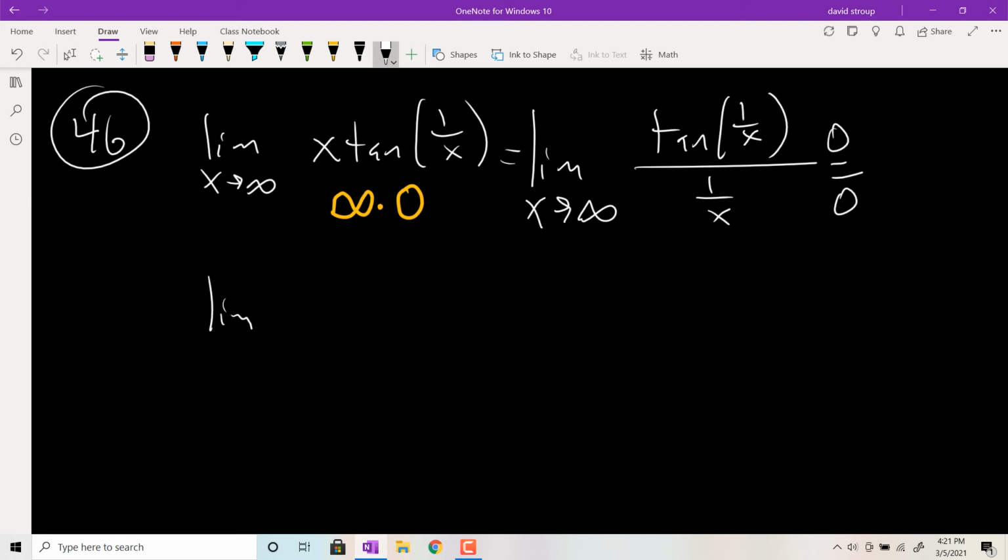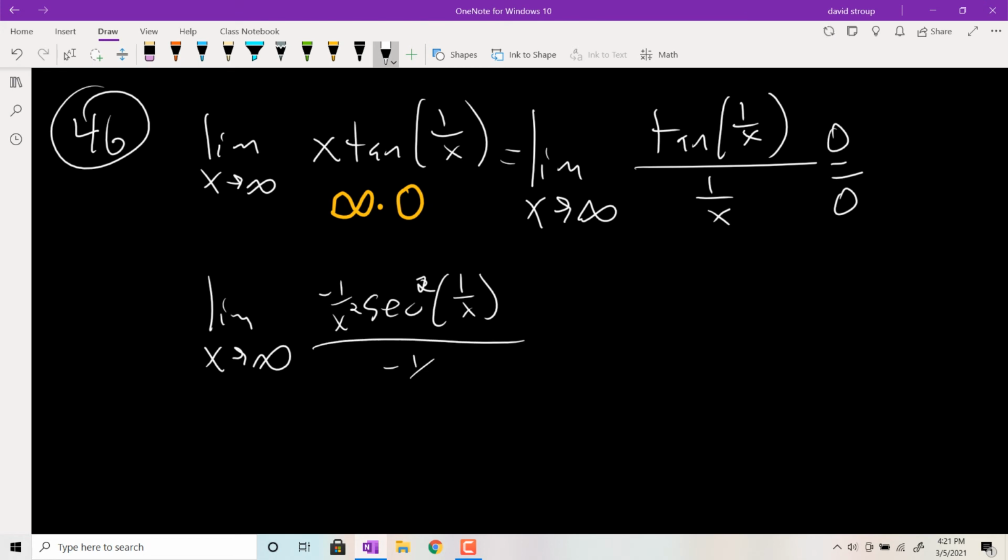So I'm going to get the limit as x goes to infinity of the derivative of tan, which is secant squared of 1 over x. And then the chain rule, the derivative of 1 over x is negative 1 over x squared. Same for the denominator, derivative of that is negative 1 over x squared. Nice cancellation results. And then you're going to end up with the limit as x goes to infinity of secant squared of 1 over x.